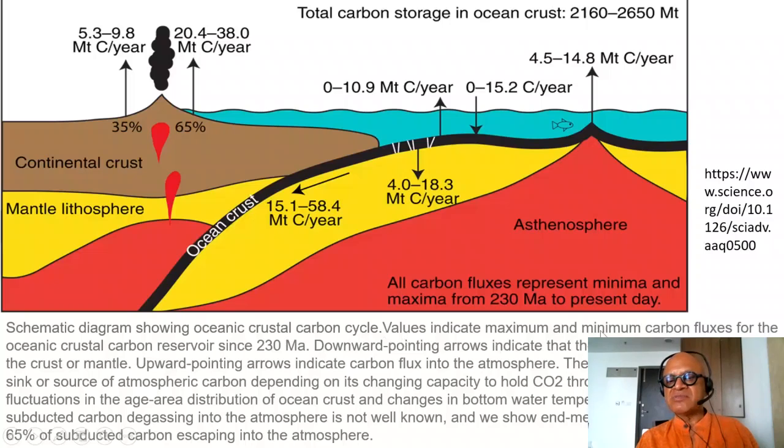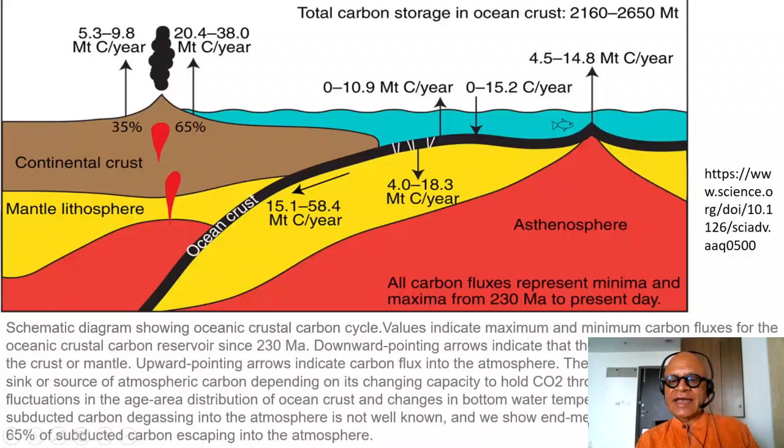Values indicate maximum and minimum carbon fluxes for the oceanic crustal carbon reservoirs since 230 million years ago. Downward pointing arrows indicate that the carbon is sequestered into the crust or the mantle. Upward pointing arrows indicate carbon flux into the atmosphere.